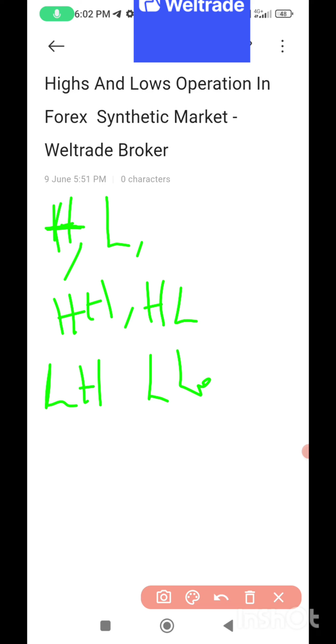Like in a binary representation, the first letter is actually acting on the second letter. So when we say higher high, it means that the high is higher than another high.